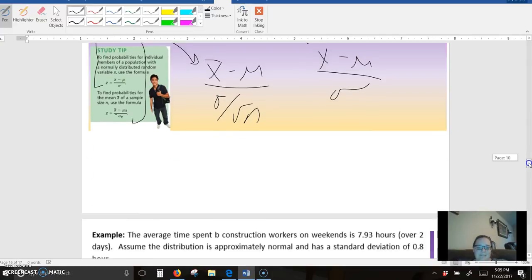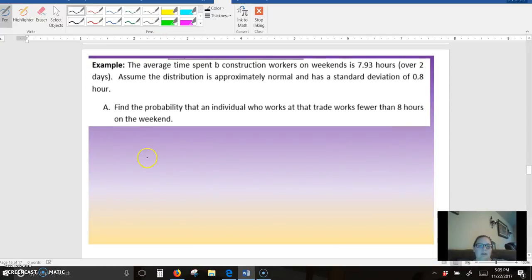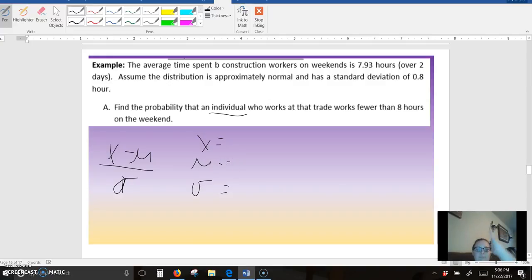All right, so let's do this problem. We want an individual, so we use x over standard deviation. Fewer than 8 hours, so 8 hours, that would be left.